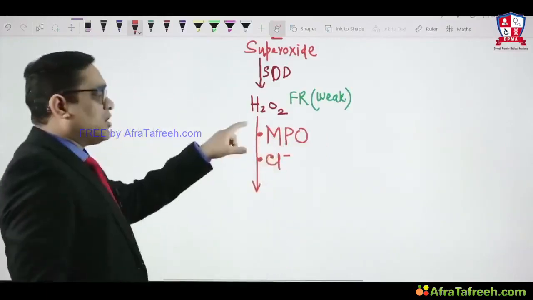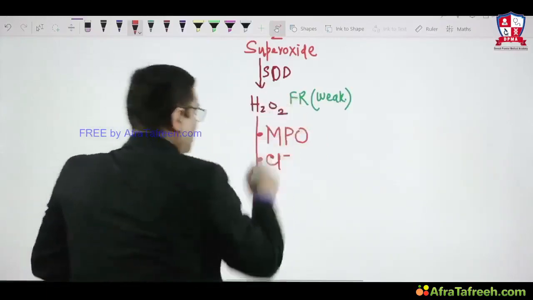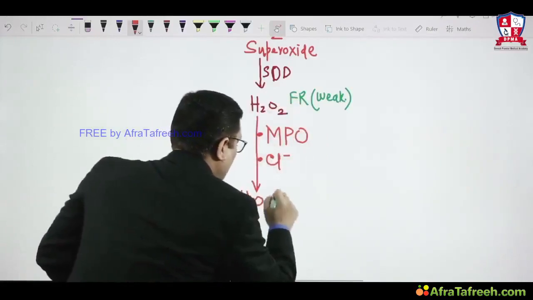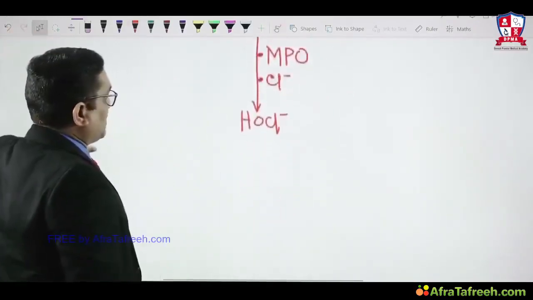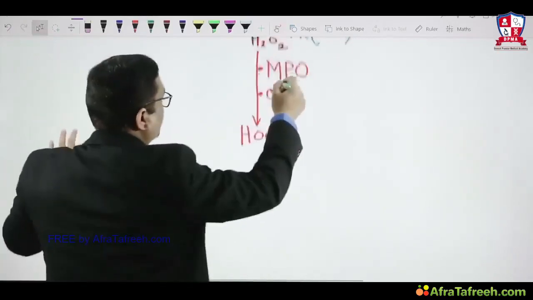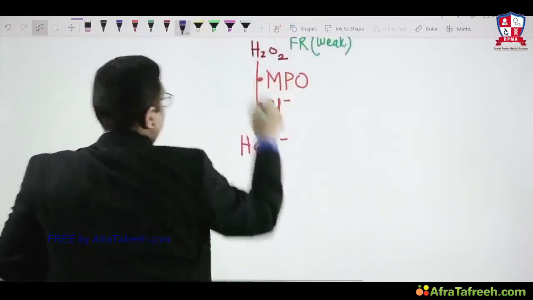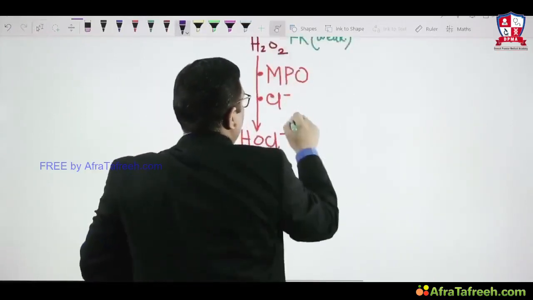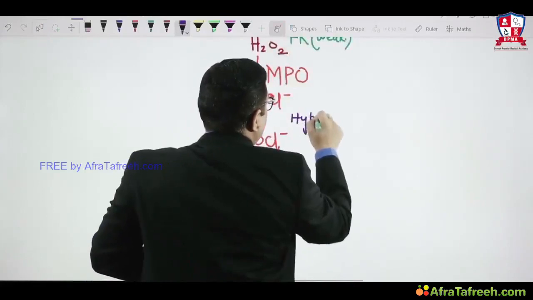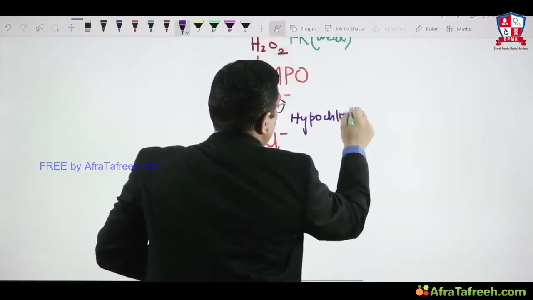So in the presence of myeloperoxidase and halide ion, this hydrogen peroxide will form hypochlorite ion. So in the presence of myeloperoxidase and chloride, they form hypochlorite, right?